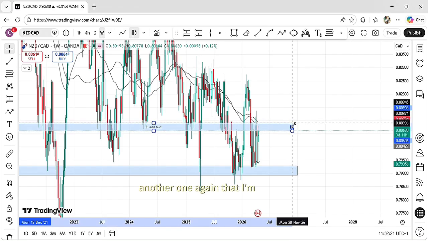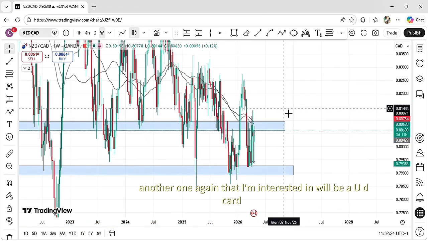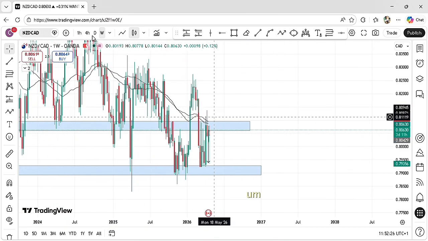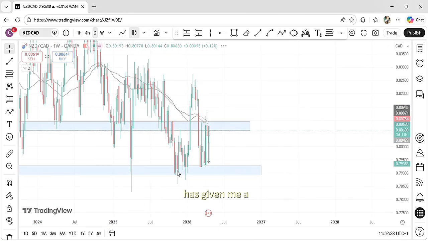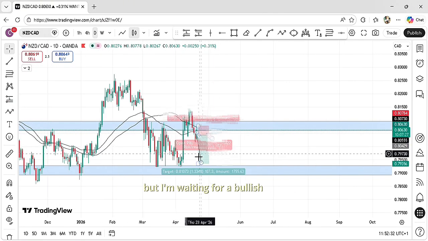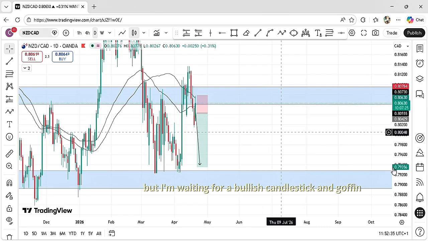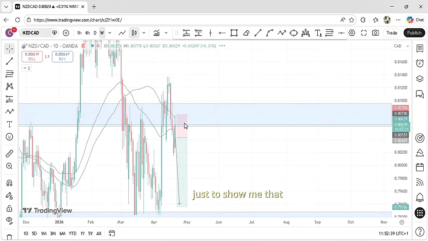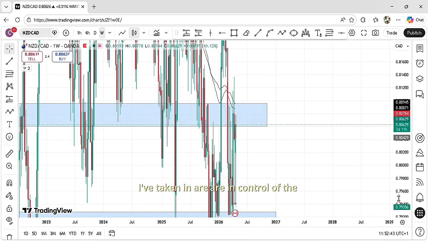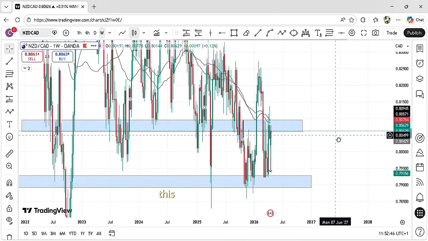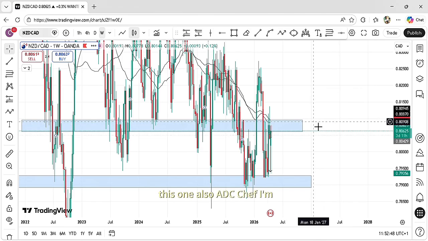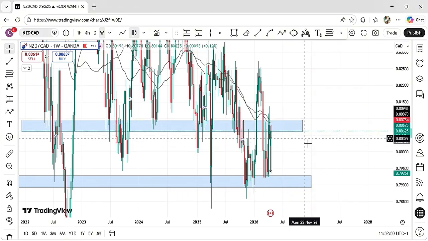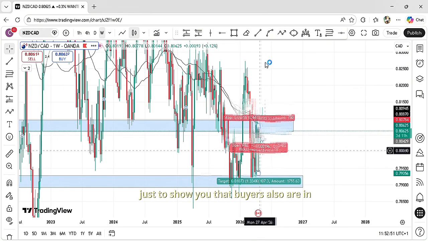Another one that I'm interested in will be AUD CAD. AUD CAD has given me a break and retest, but I'm waiting for a bullish candlestick engulfing on the daily time frame before I can step in, just to show me that buyers are in control of the market to some extent.